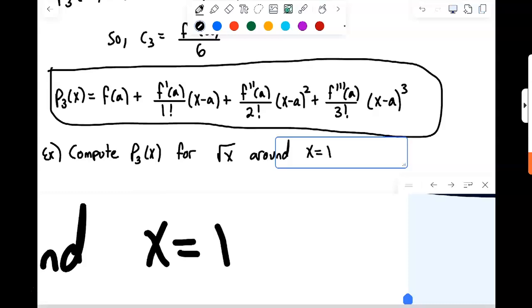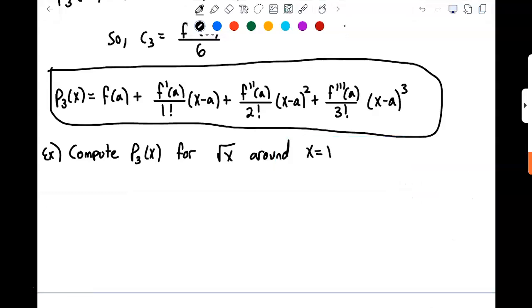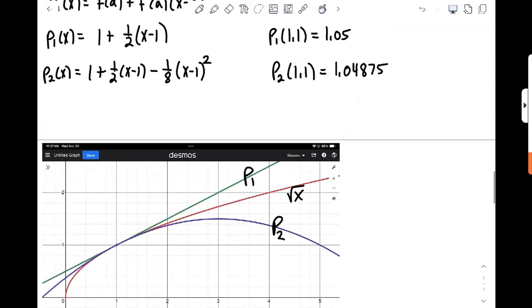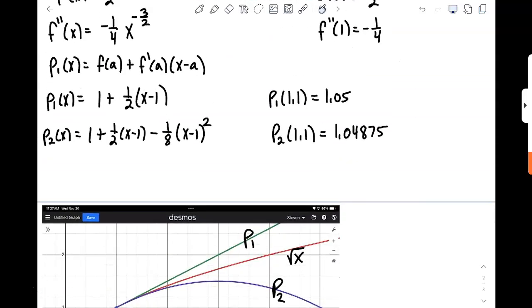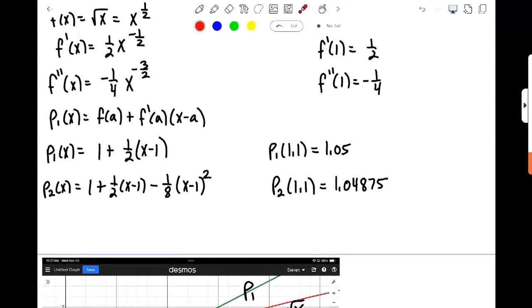So the only thing extra that we're going to need, since we already have the quadratic approximation there, which we'll use, is the third derivative of our function. So we got our second derivative, so we would do that derivative. Of course that would require us to multiply by -3/2 times the -1/4.